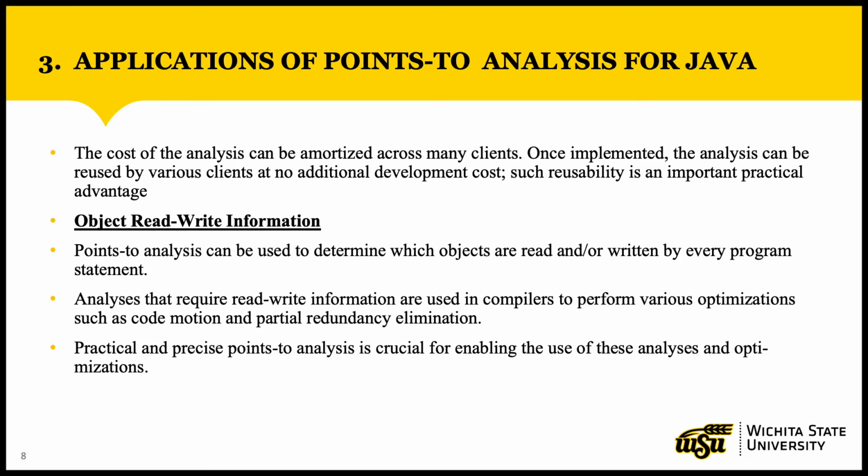Analyses that require read and write information are used in compilers to perform various optimizations such as code optimization, partial redundancy elimination, and so on. In addition, analyses play an important role in a variety of software engineering tools, and this is the reason a practical and precise points-to analysis is crucial.